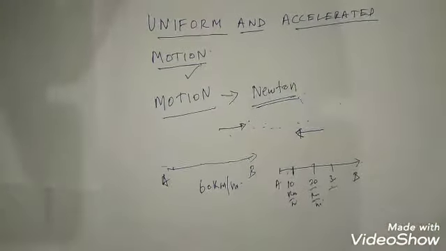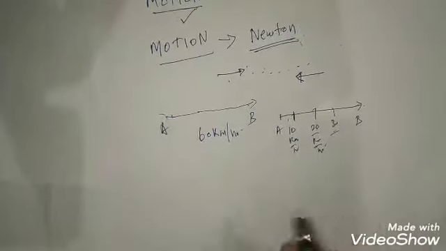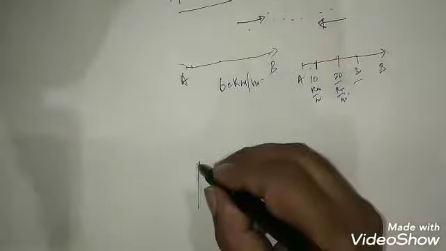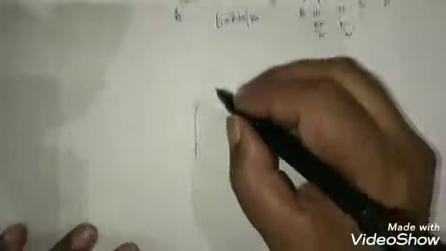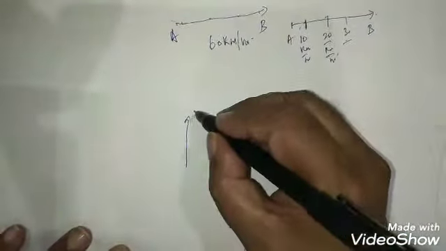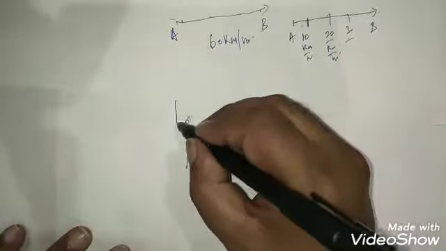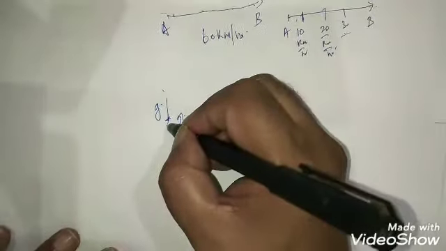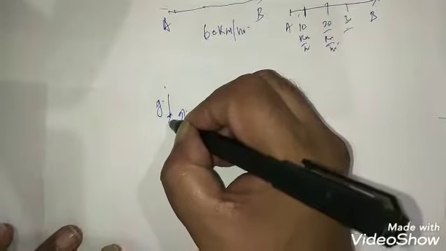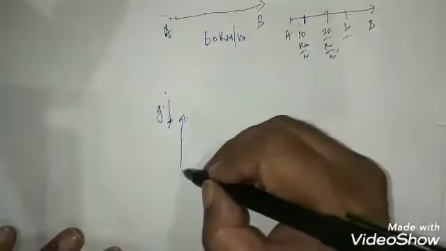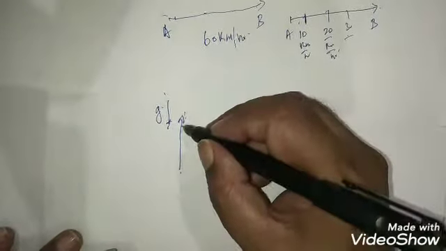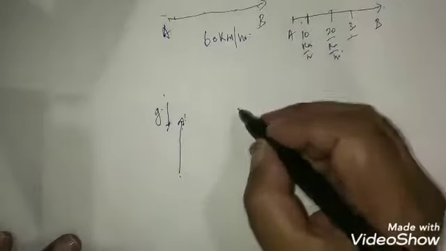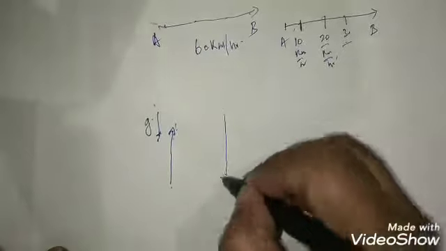There is another concept of accelerated motion, that is when you are throwing the ball up. Here there is, instead of acceleration, deceleration, and deceleration comes because of gravity which is acting down. Okay, so because of this there is deceleration.